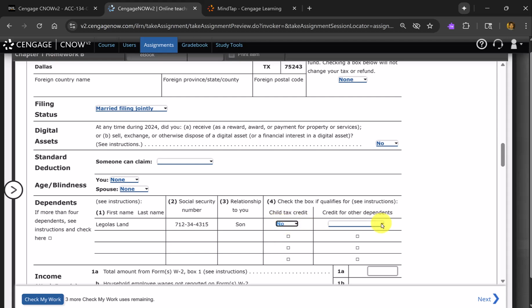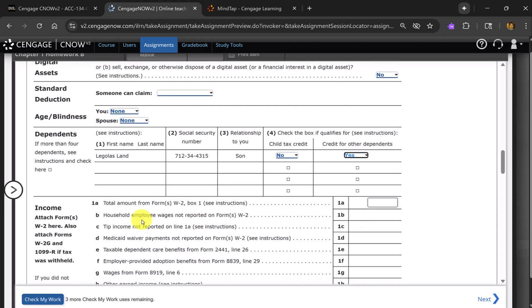So he meets the other requirements of being an other qualifying dependent. Yes. Yeah, he lives with the taxpayer. He earns below a certain dollar limit. He's not a qualifying child. So yes, here eventually will lead to a $500 credit on the next page.